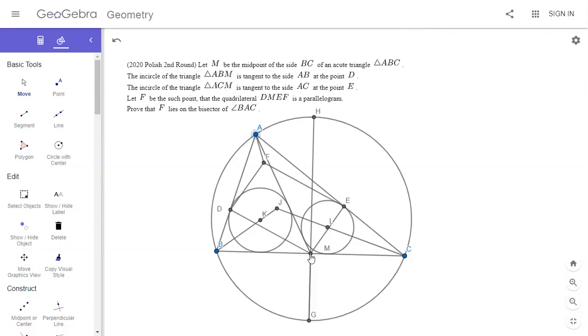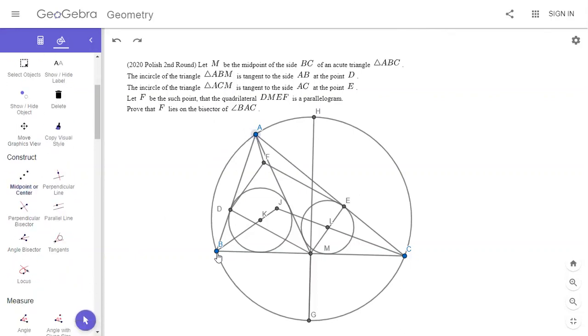So what do we know? This is a segment from a vertex to the point of tangency. Maybe we could draw on this point right here. If we label the midpoint of AB, let's try this. Then IK bisects MB.